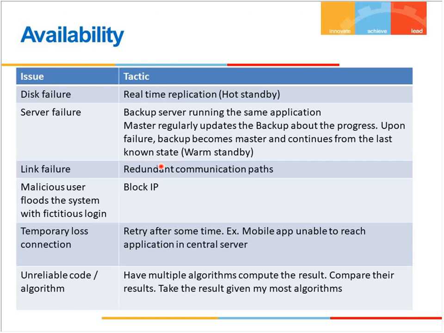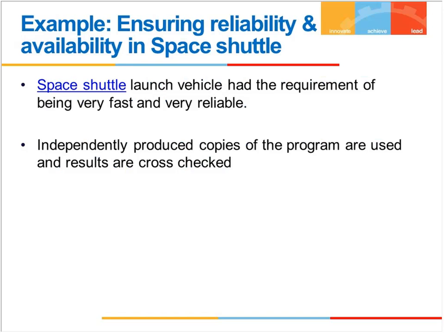Now I'm going to give you some examples of very high reliability. In a space shuttle program, where reliability is more important than availability, reliability has to be very, very high. They actually run multiple copies of the same program written in different ways.